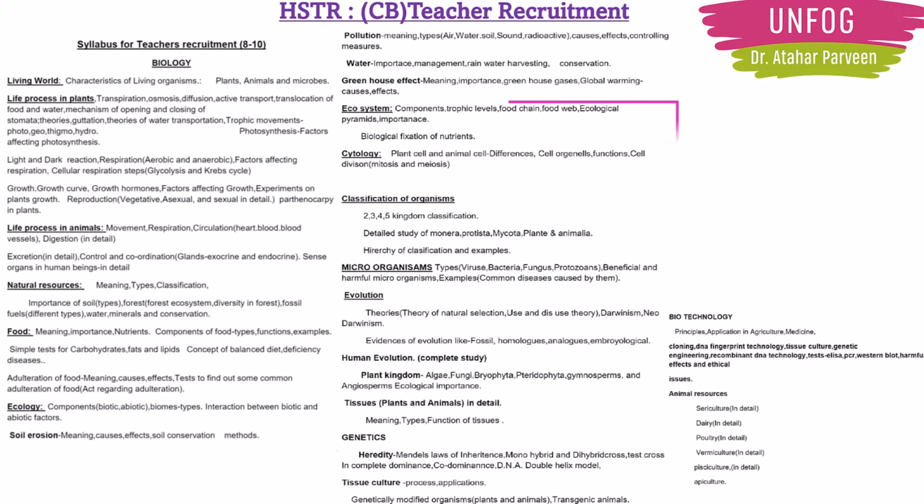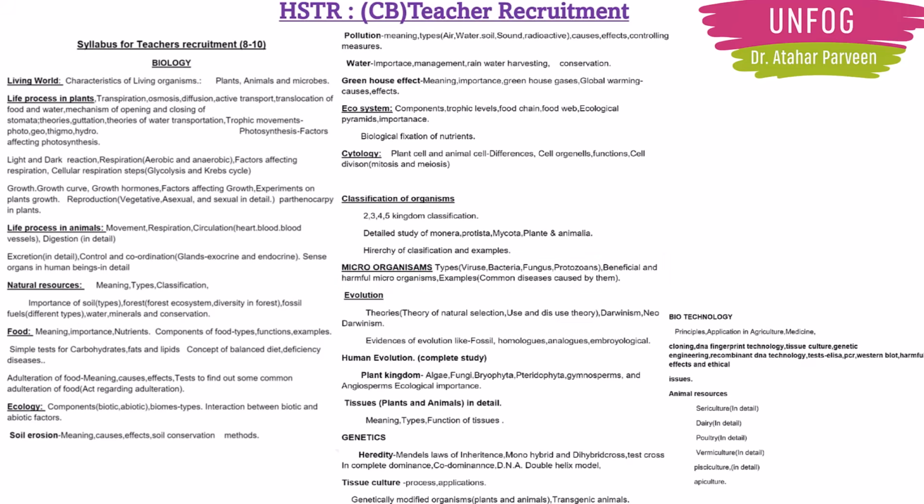Then you have ecosystem: trophic levels, food web, food chain, ecological pyramids, biological fixation of nutrients. Then cytology: plant cell and animal cell differences, mitosis, meiosis. Then classification of organisms, where you should know the 2, 3, 4, 5 kingdom classifications in detail. Then you have microorganisms.